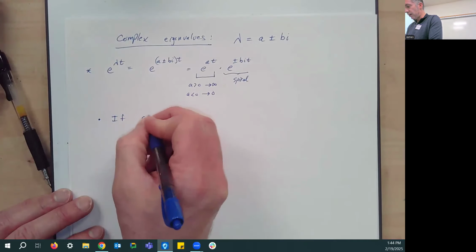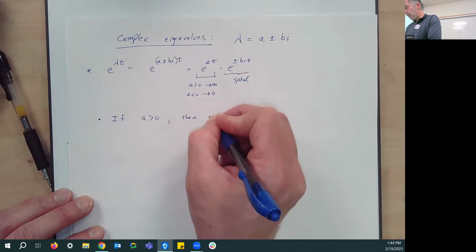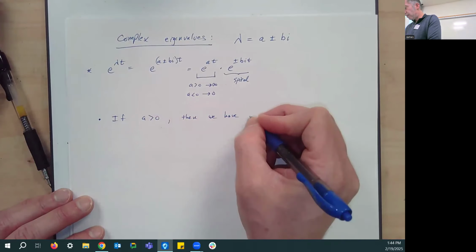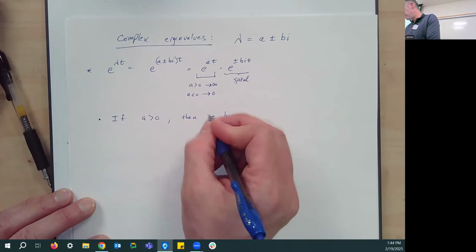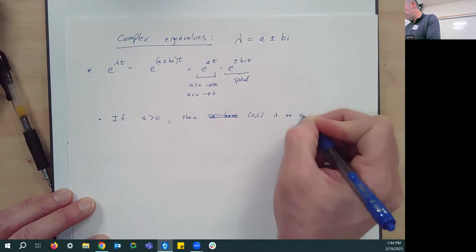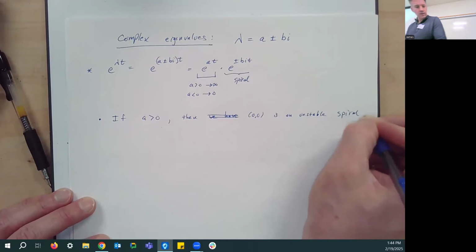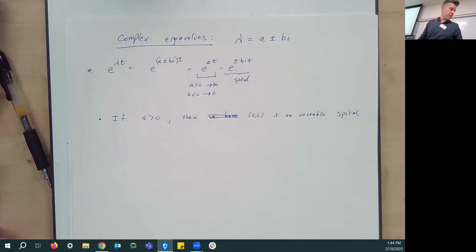If a is positive, then 0, 0 is an unstable spiral. Let's see if there's more into this right here. Not really.